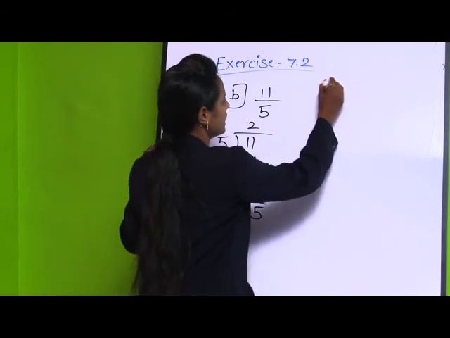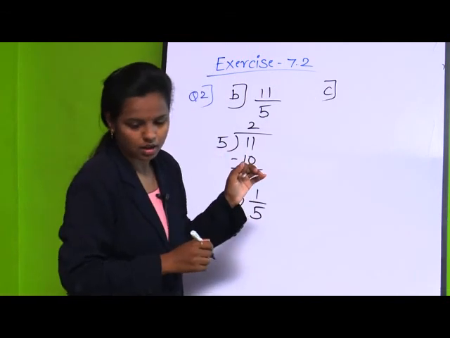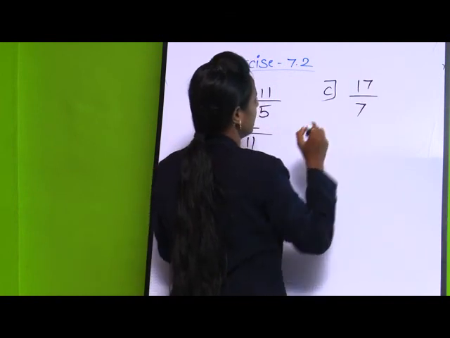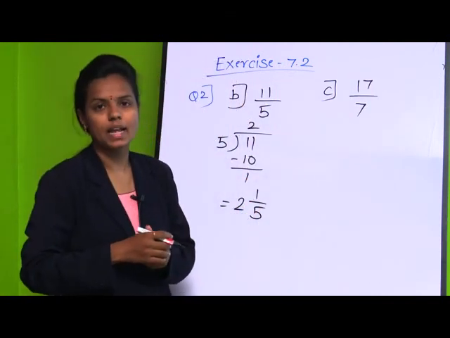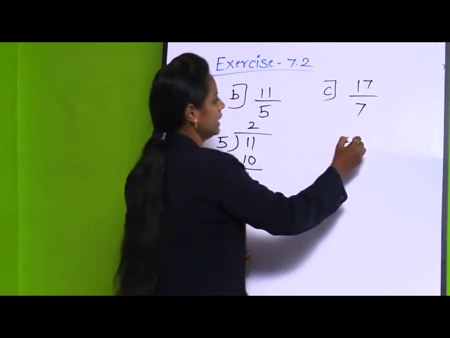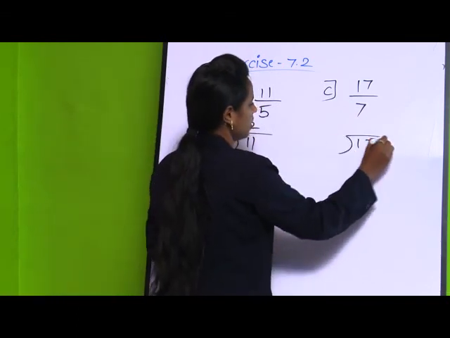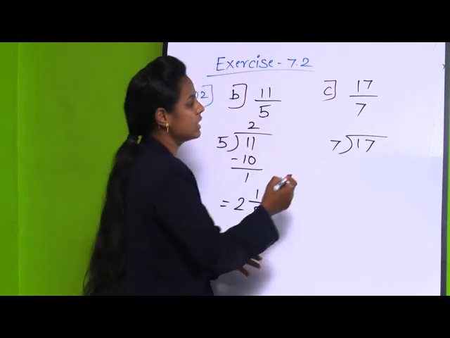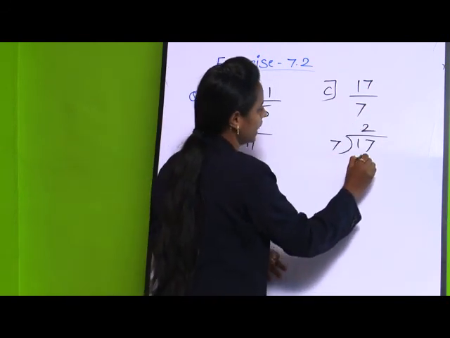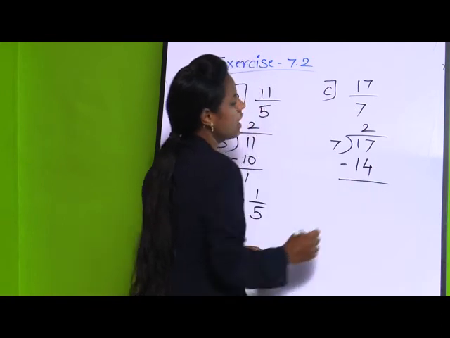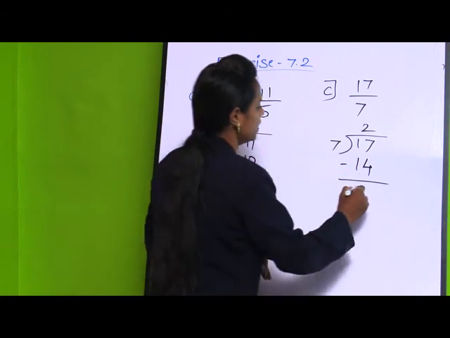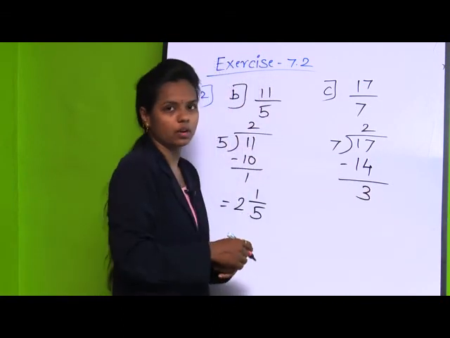Let us solve one more example. We have 17 by 7. Let us divide it. We have 7 2s are 14, and 17 minus 14 is 3.